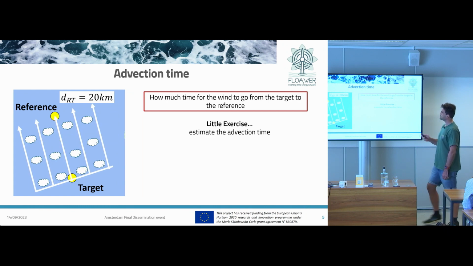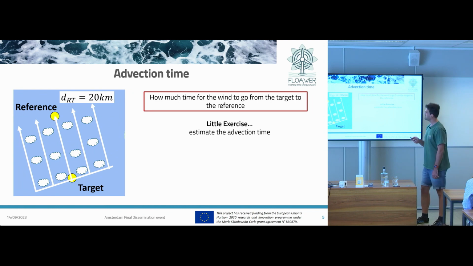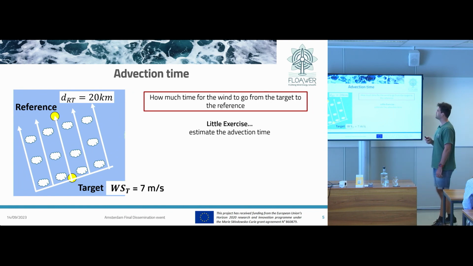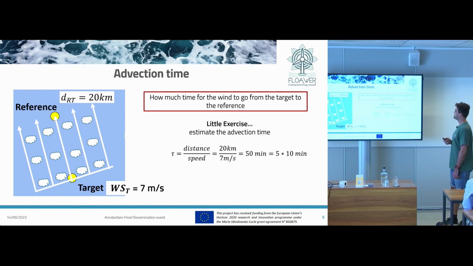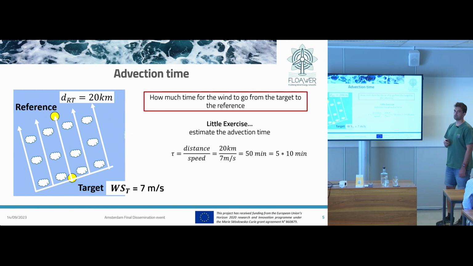The wind is going from the target to the reference at 7 meters per second. So if we do a quick order of magnitude, the traveling time, so advection time, is the distance over the speed. Here, it's 50 minutes. So if you have a 10-minute dataset, 50 minutes represents 5 time steps.